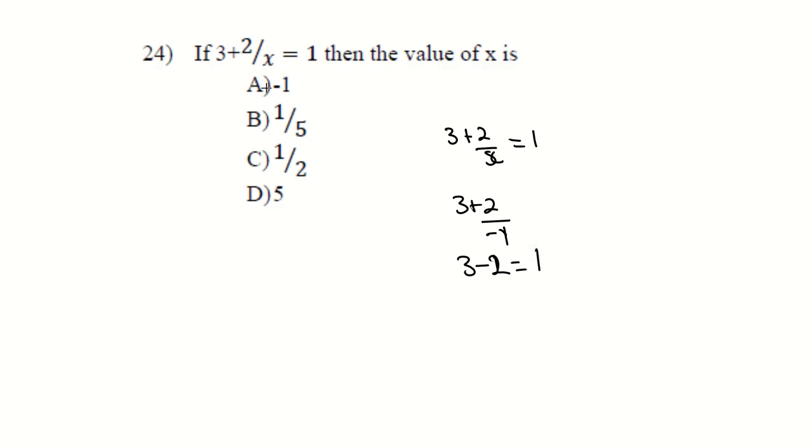So the answer is E. So just by substituting the values rather than solving for x like we normally would, because the answers are given, we can do that. And if you did not get negative 1 as the first answer, you would try 1 over 5, then 1 over 2, then 5, to make sure that your answer for x gives 1.